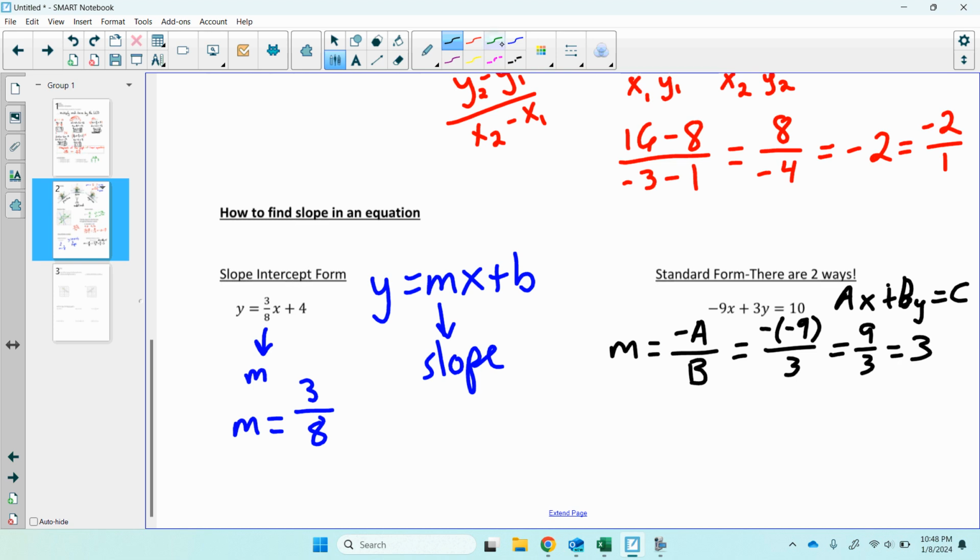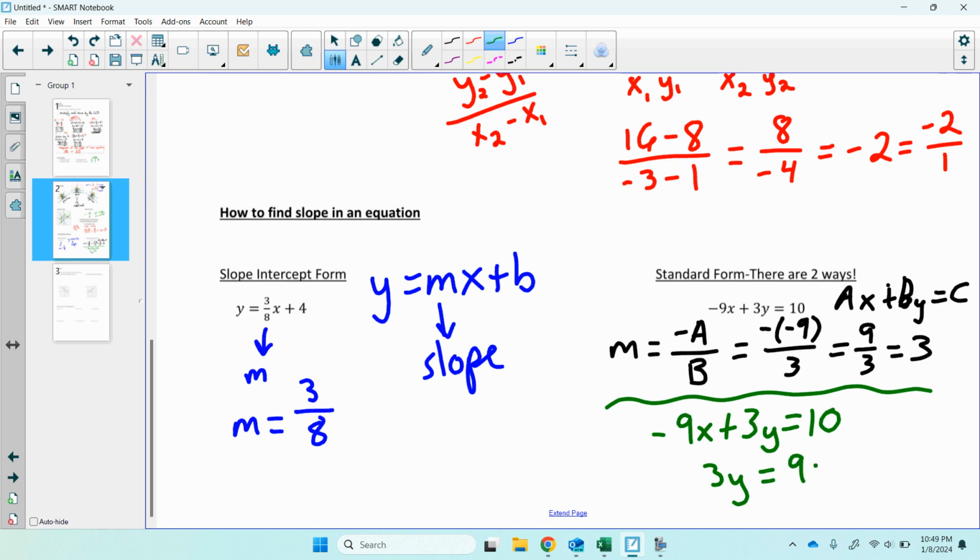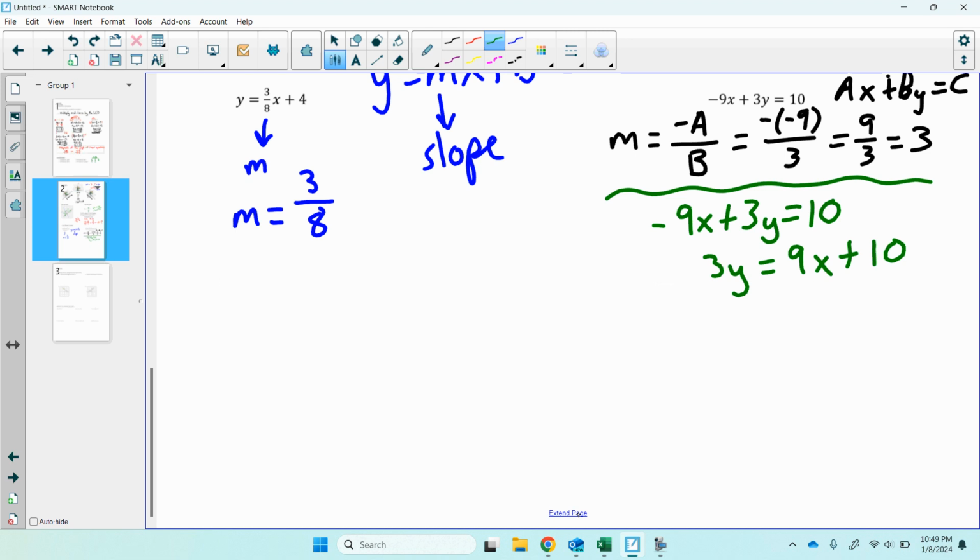The other option is to go ahead and solve for slope-intercept form. So I could get y by itself by adding 9x to the other side, and then dividing everything by 3.